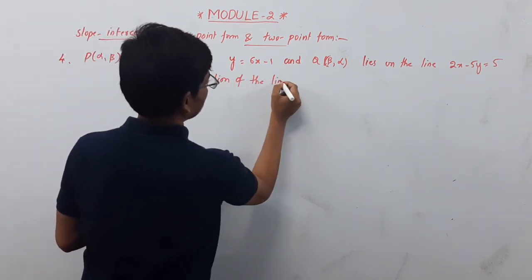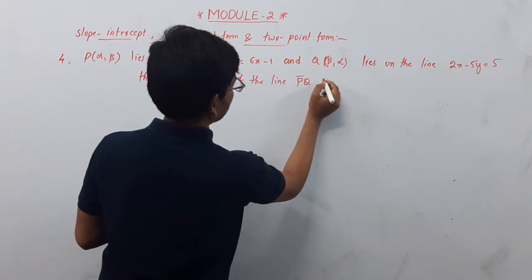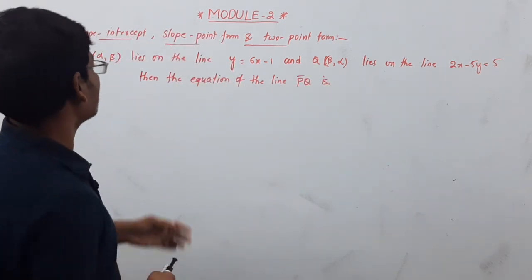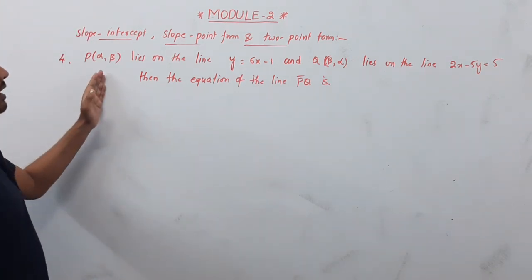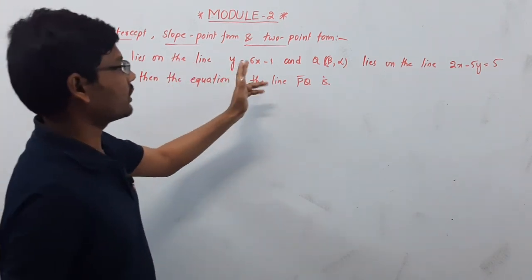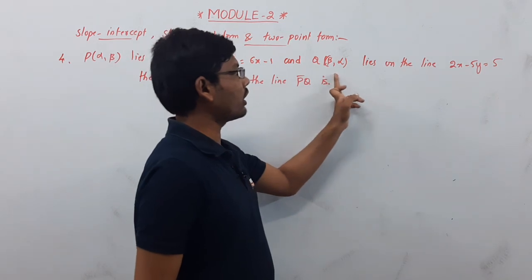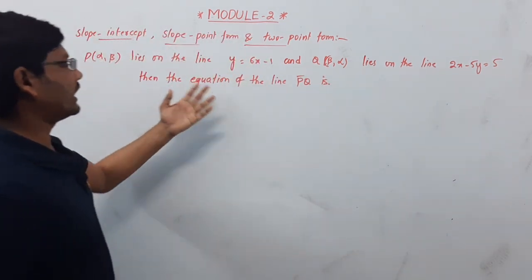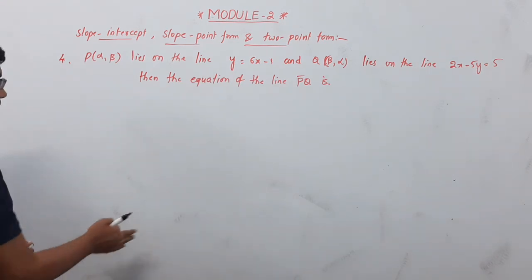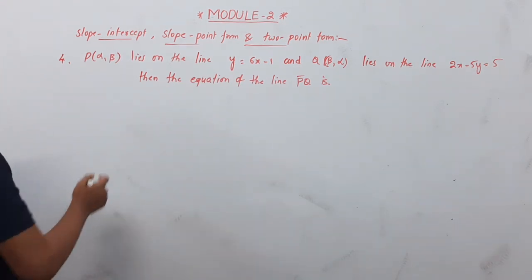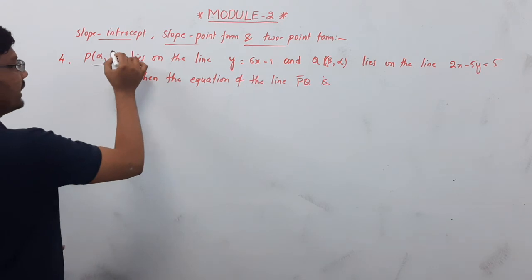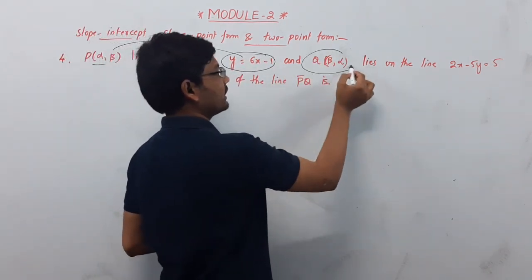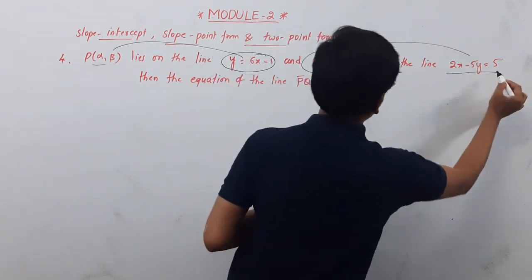The equation of the line PQ is... first understand what he is asking. P of alpha comma beta lies on the line y is equal to 6x minus 1 and Q of beta comma alpha lies on this line here, and he is asking for the equation of PQ. First, one point is given, which lies on this line, and one more point is given, which lies on this line here.